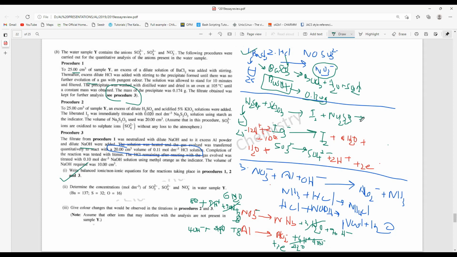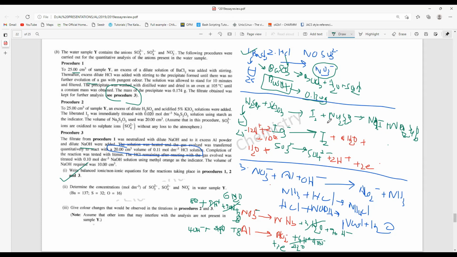In the second step, you are given the amount of sodium thiosulfate required, 0.02. So you find the amount of sodium thiosulfate. Additionally, there is this reaction, sodium thiosulfate with I2 will give NaI plus Na2S4O6, sodium tetrathionate.